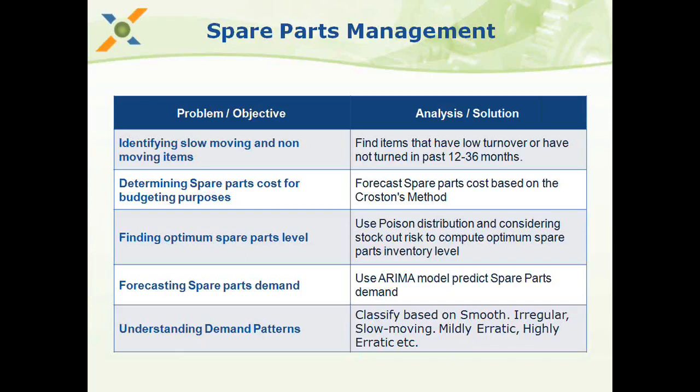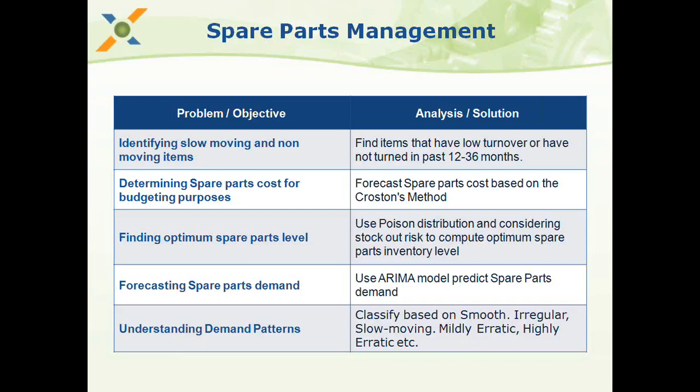Also, you can determine spare parts cost for budgeting purposes. For annual budget, we all have to arrive at that figure at the beginning of the year. So some forecasting techniques can help.